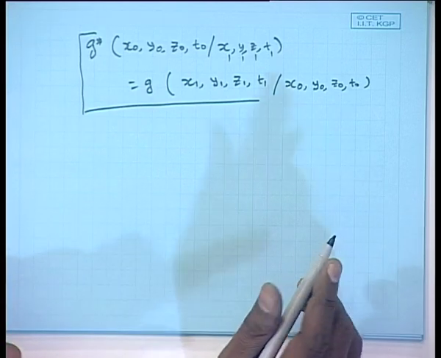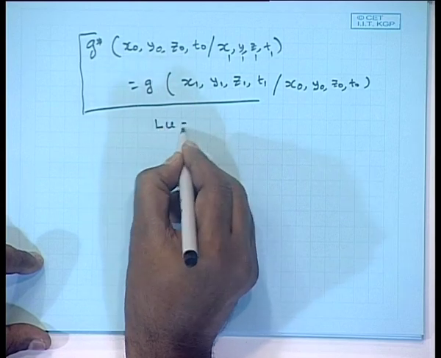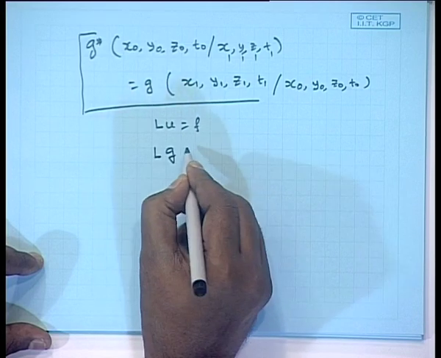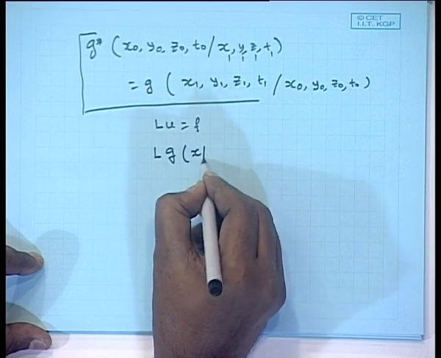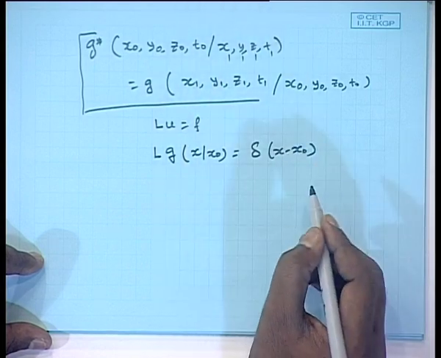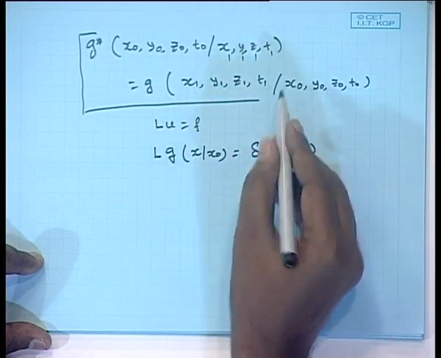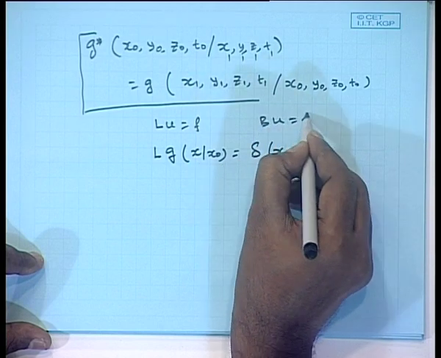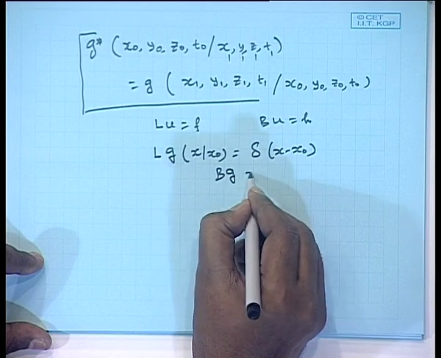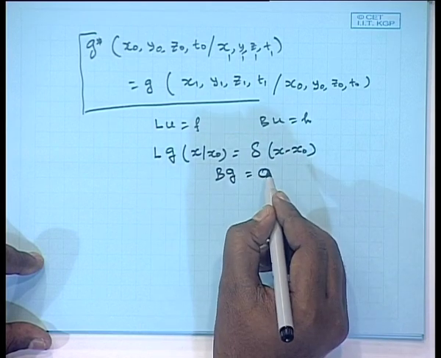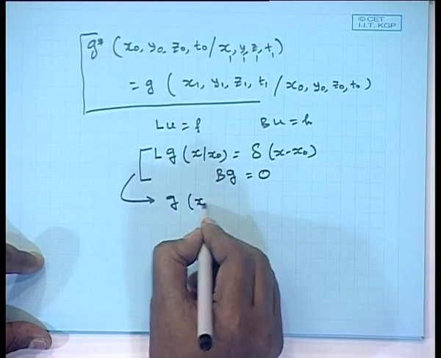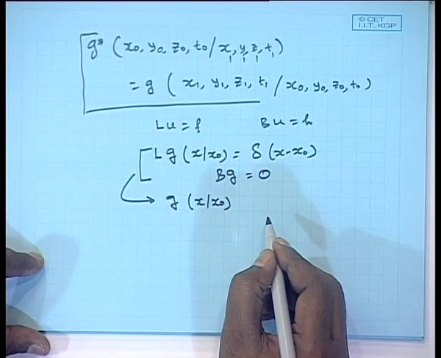Fine. So, given a problem Lu is equal to f, you can formulate the causal Green's function: Lg x by x0 is equal to delta x minus x0. You have a boundary condition Bu is equal to h, let us say non-homogeneous, and you will force the boundary condition on the Green's function to be equal to 0. From this, you will get a solution of g as a function of x by x0.